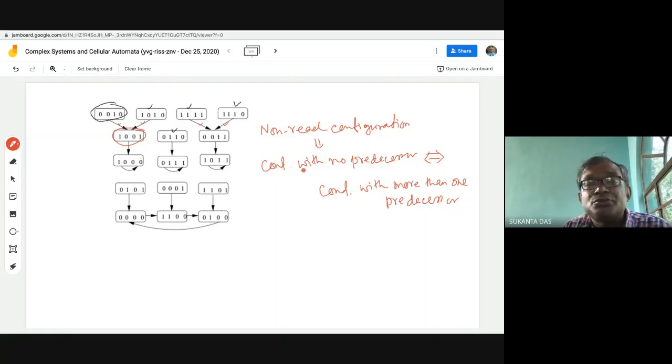So if there exists some configuration with no predecessor, it implies there exists some configuration with more than one predecessor.